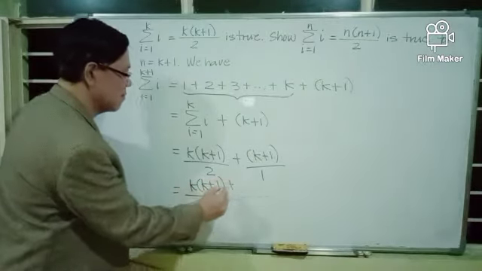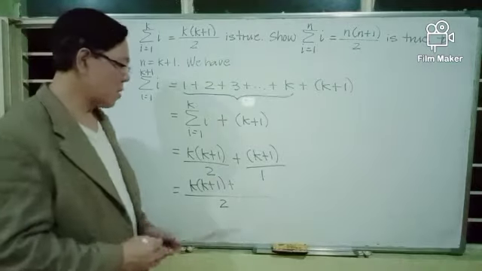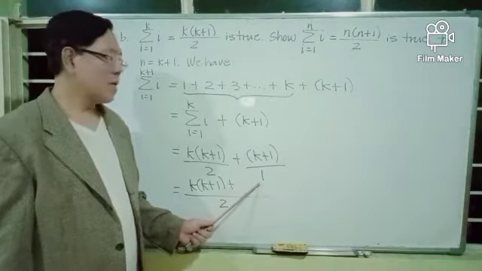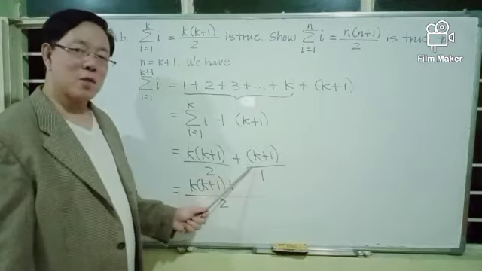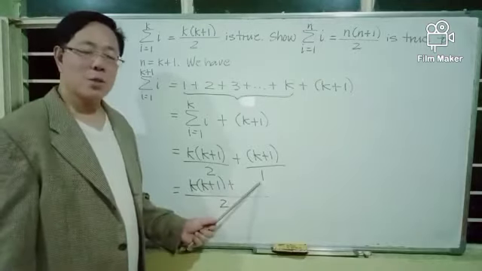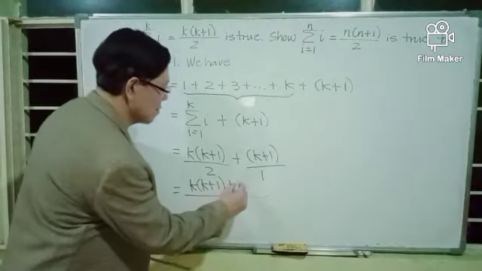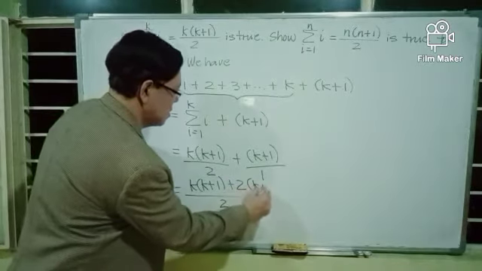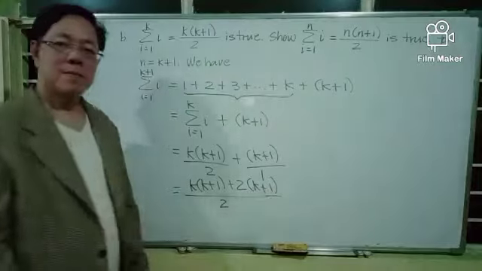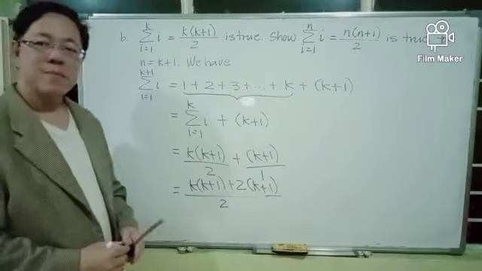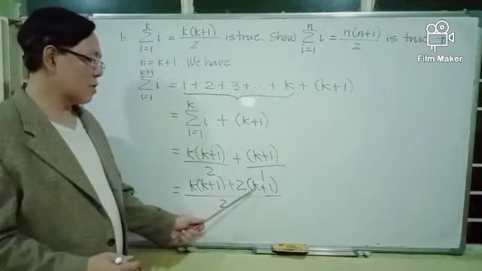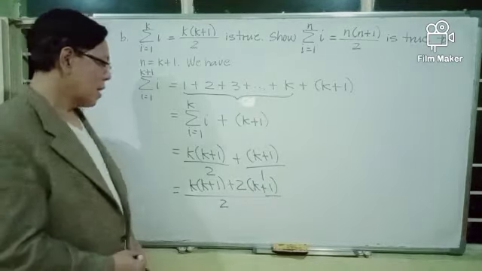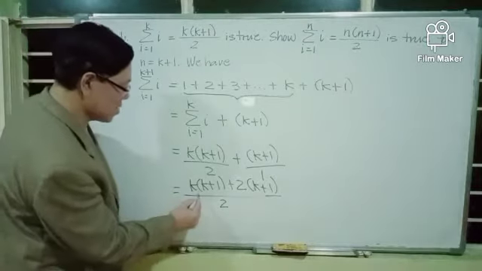Plus, again, divide the LCD by the denominator of the second term and multiply the result by the numerator. 2 divided by 1 is 2, multiplied by the numerator k plus 1. And by inspection of the numerator, you can see that the first term and the second term have a common factor, and that common factor is k plus 1.